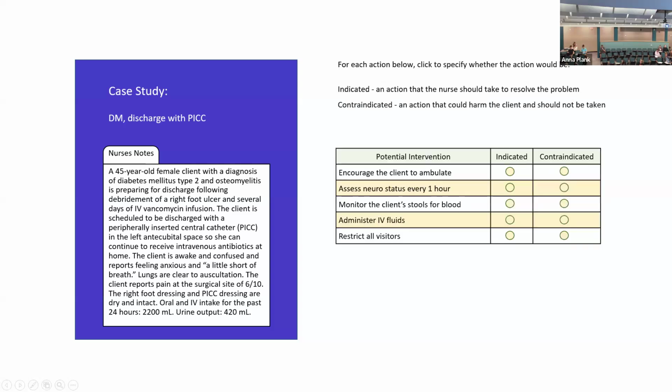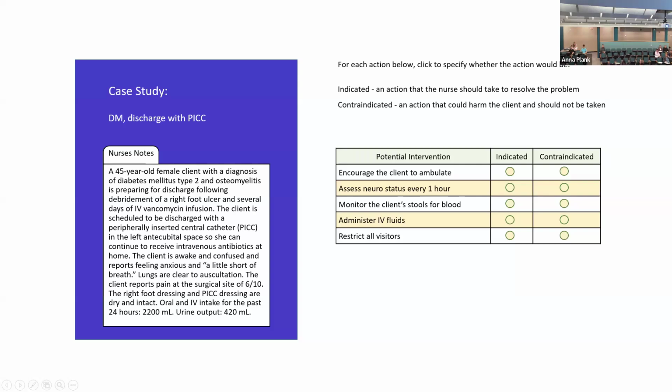Okay. All right, now, what are we going to do and what are we not going to do? So looking at those, indicated, yes, we're going to do it, contraindicated, no, we're not. Remember, why are they here? What about the first one?